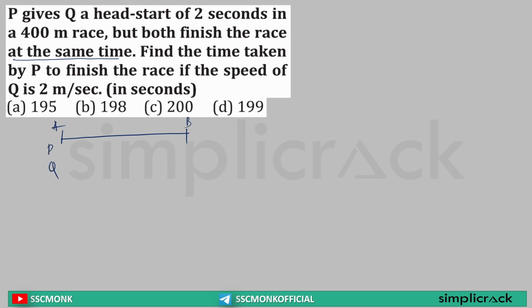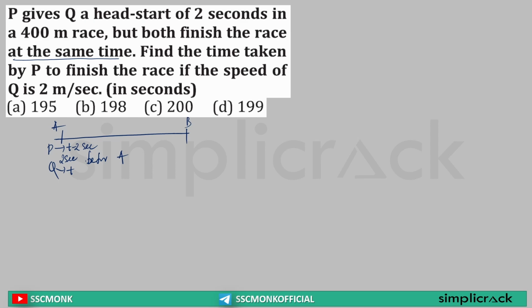P gives Q a head start of 2 seconds. That means Q starts 2 seconds before P. Or if Q runs for T seconds, P will be running for T minus 2 seconds. Clear? Basic thing? Yes or no?